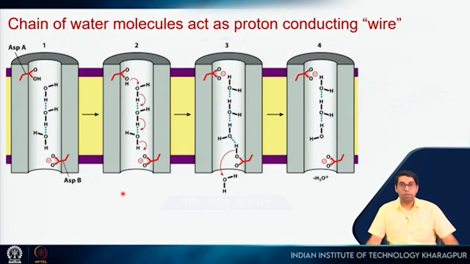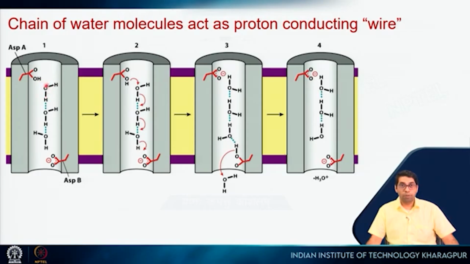So to understand that, let's look at this hypothetical protein where there are two aspartic acid, A and aspartic acid B, and there is this channel. In this channel there are water molecules. So it turns out that this chain of water molecules, they act as a proton conducting wire. So what happens? This aspartic acid, it will donate its proton to this water molecule.